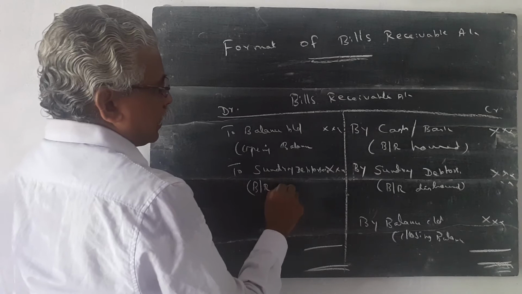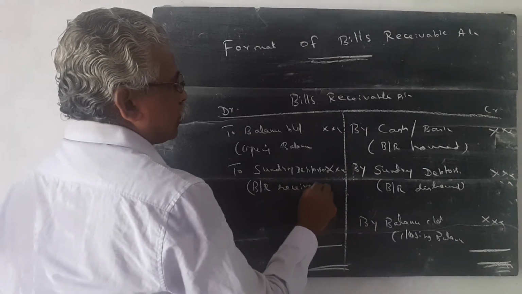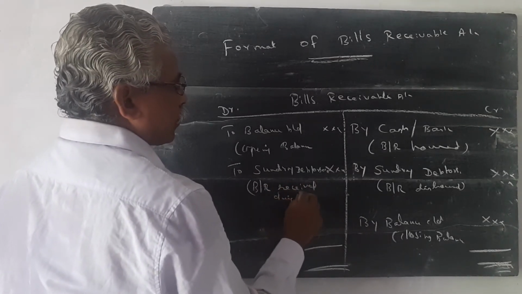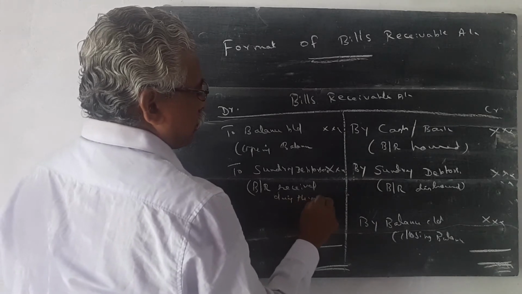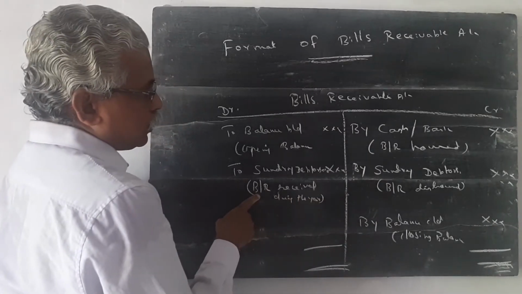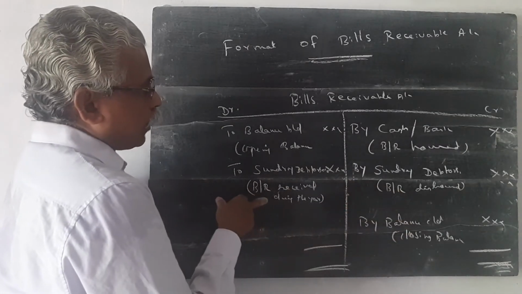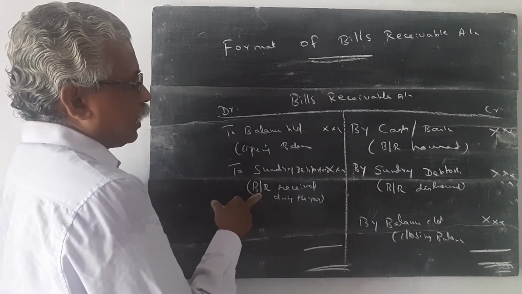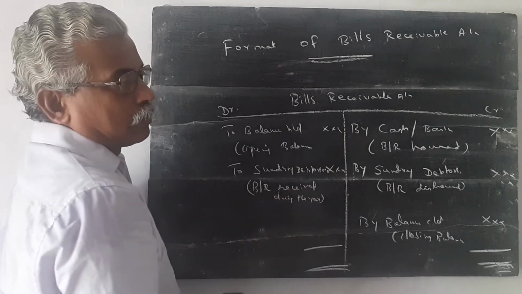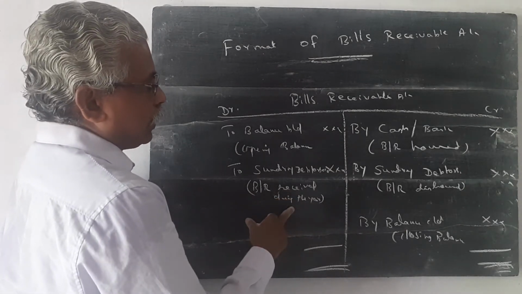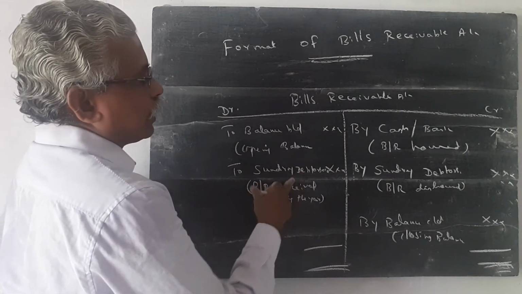Bills receivable received during this year is entered in the bracket. The words bills receivable are not used anywhere in this particular account. For understanding purposes, we can write in brackets bills receivable during the year. But actually, the entry is sundry debtors account.